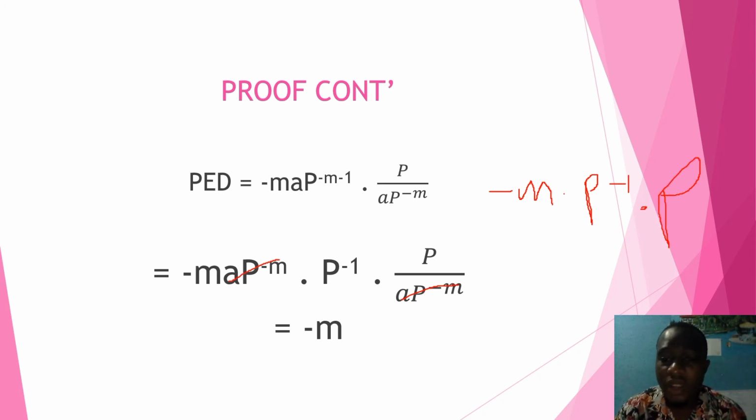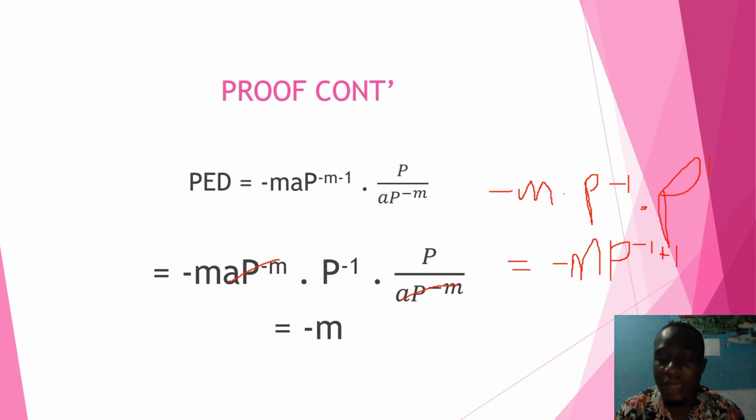Now, the P exponent minus 1 here is multiplying the P here, which is assumed to be exponent 1. When you are multiplying numbers of the same base, you add the powers. So we're going to have minus M P exponent minus 1 plus 1.